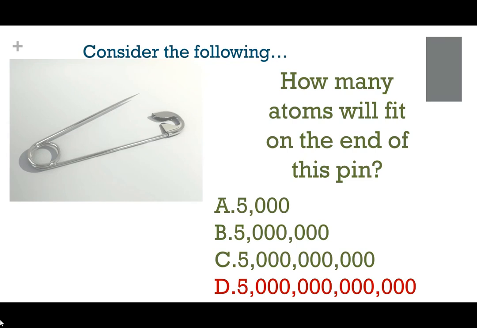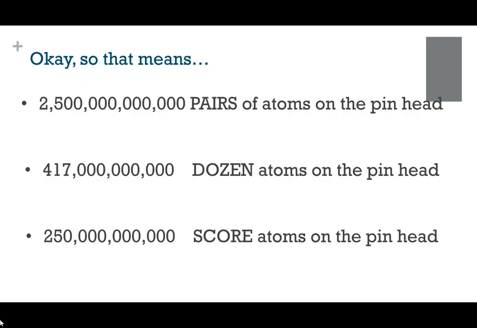Okay. So counting numbers are helpful because they reel in bigger numbers and help make them a little bit more user-friendly, easier to picture or imagine. So if we use the counting numbers that we've talked about so far, it doesn't really help us a lot in chemistry. If I talk about how many pairs of atoms are on the end of that pin, it's still a ridiculously large number.